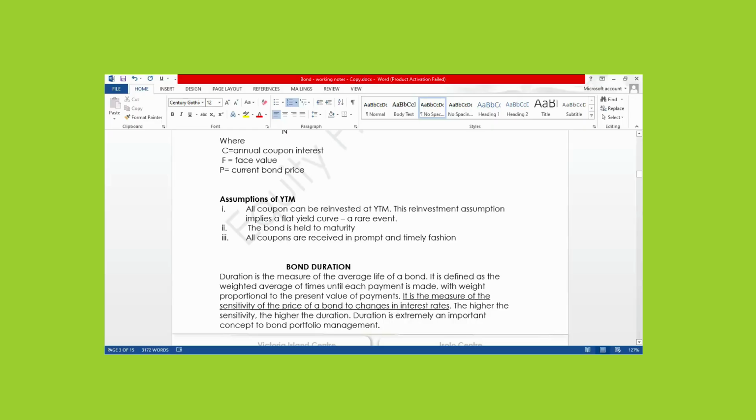That means your reinvestment rate is the same, 5%, 5%, 5%, year 1 to year 3. That becomes flat.